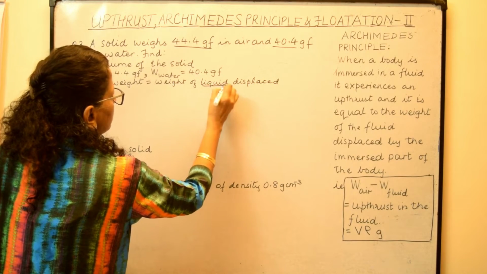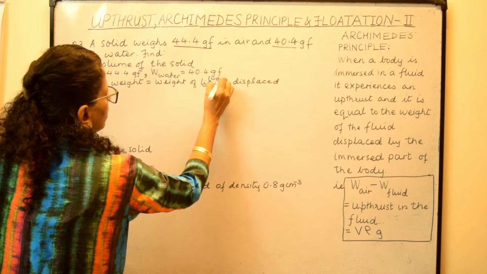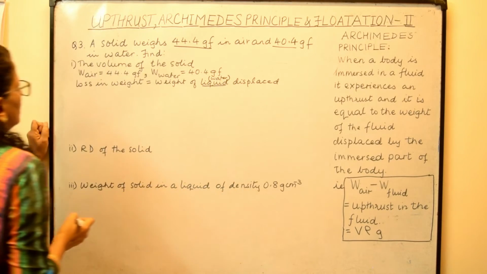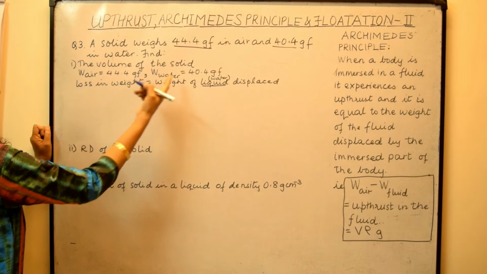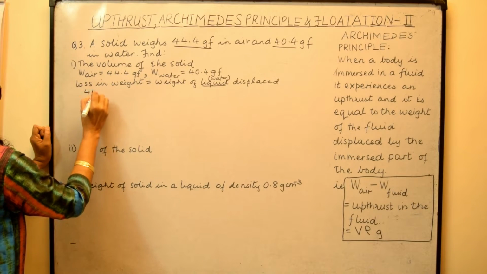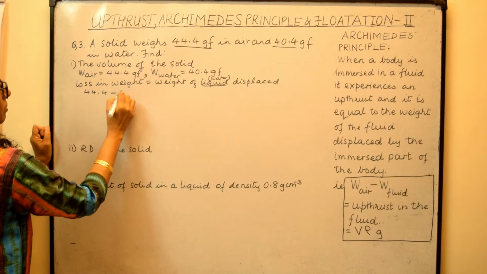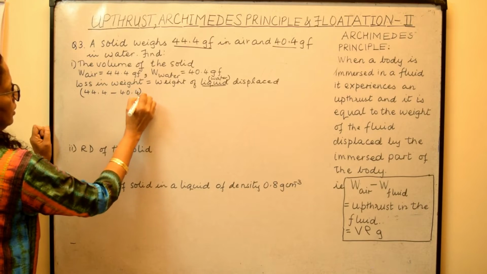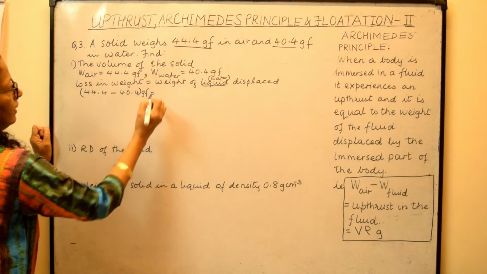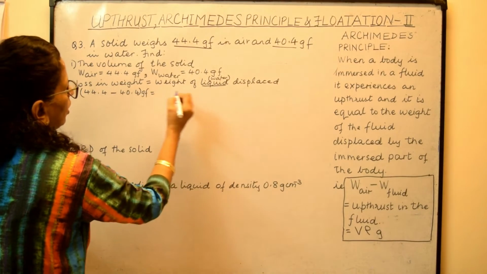Now in this case we have the liquid as water. So loss in weight is going to be W air minus W water. So 44.4 minus 40.4 gf, and that is equal to weight of the water displaced.